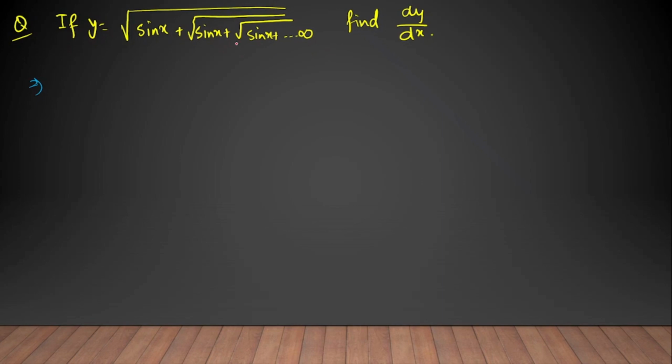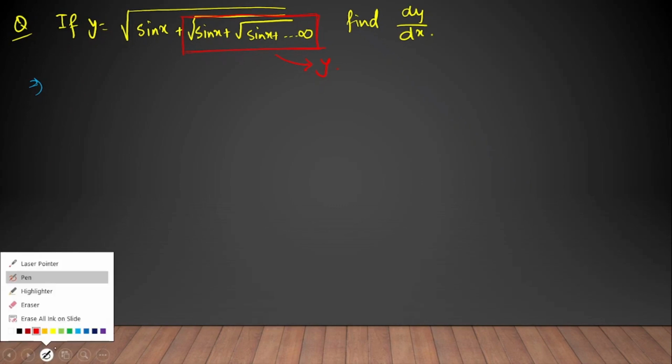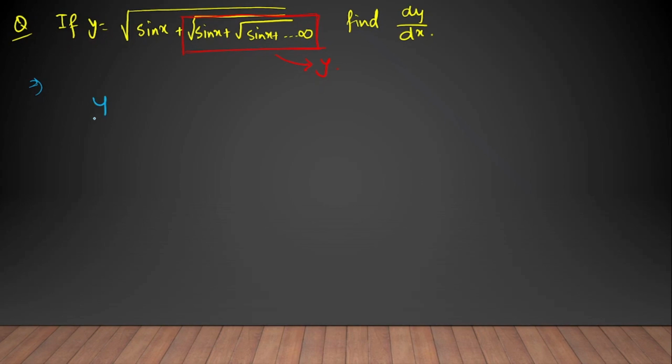Okay, as it is going to the infinity, focusing on this part, we can write this part also as y, as this is also the function of x. So the solution of the question will be y equals to root under sin x plus y.